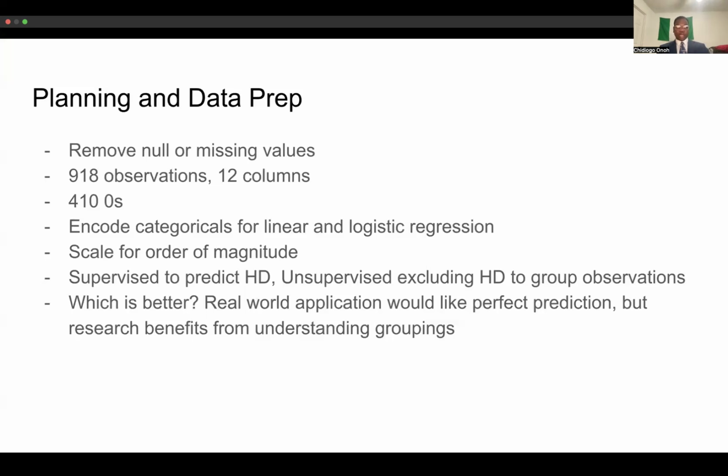In a real world application, we would love to have perfect prediction for heart disease, but for medical research, it is very beneficial to know the groupings and the clusterings of observations. So both are good in this application.